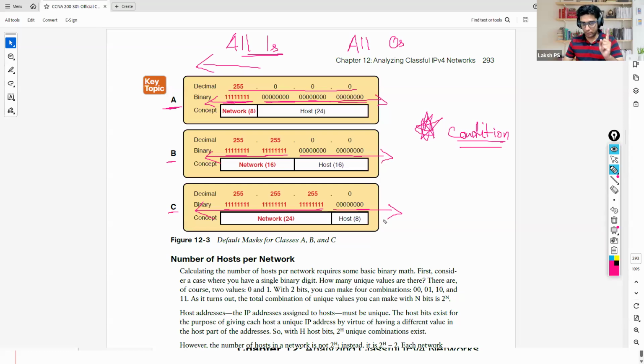That's condition number 1 for writing an address mask: all the ones in the address mask should be on the left hand side, and all the zeros should be on the right hand side.